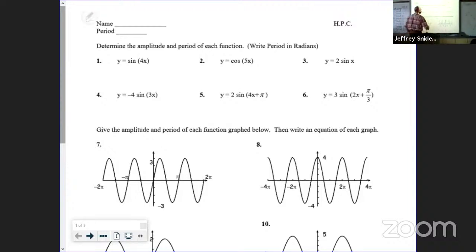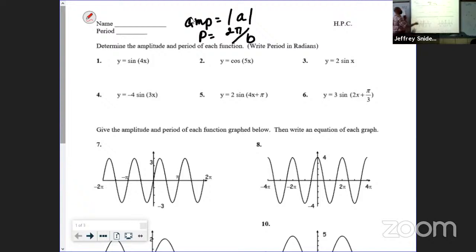Just for review, amplitude is the absolute value of A. It's always a positive value. And then period is always 2 pi divided by B.